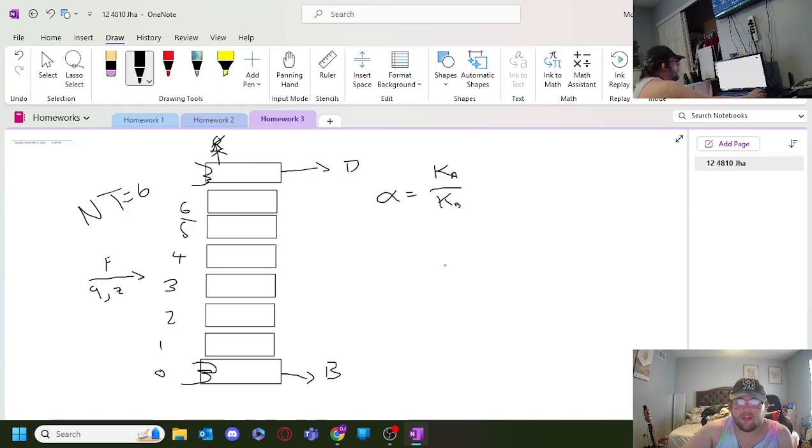Now, what we can do, since this is going to be a binary distillation, meaning we only have 2 components, A and B, is we can rewrite Ka as Ya over Xa, because it's the phase equilibrium ratio between the two, saying we got so much of A in the vapor phase compared to so much of A in the liquid phase.